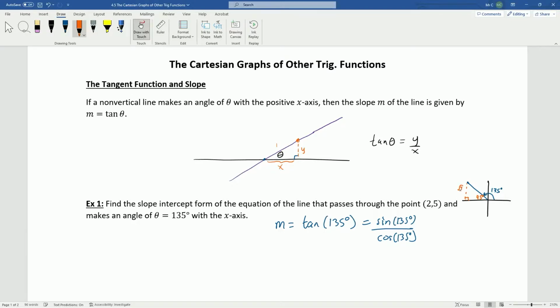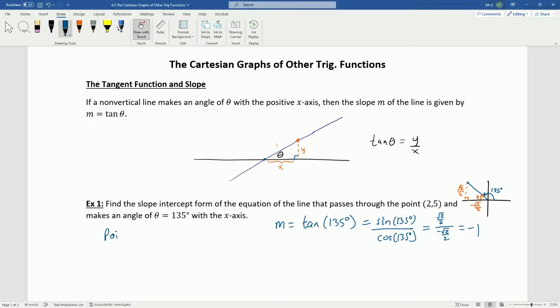And so sine is the square root of 2 over 2, and cosine is negative root 2 over 2. And square root of 2 over 2 divided by negative root 2 over 2 is negative 1.